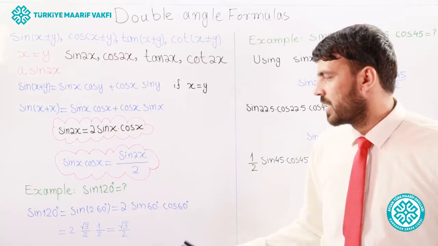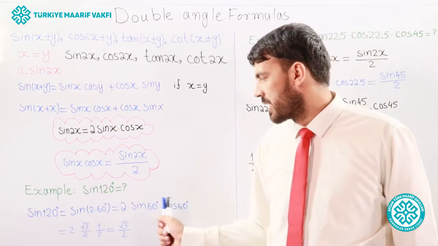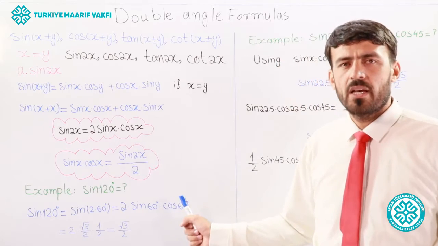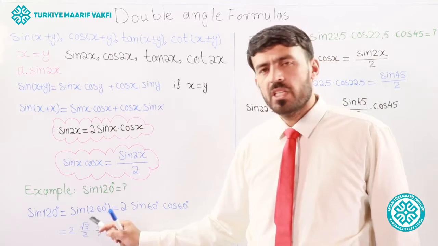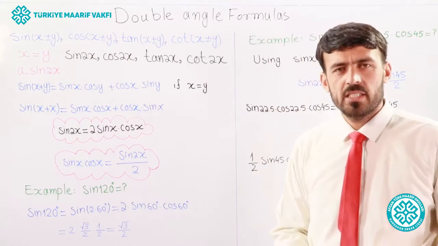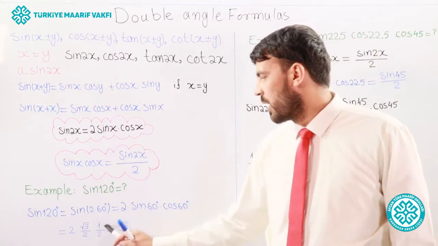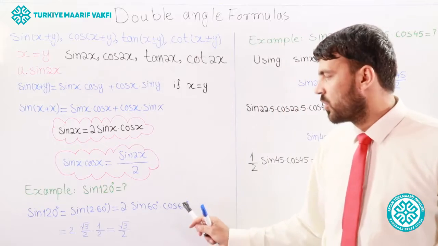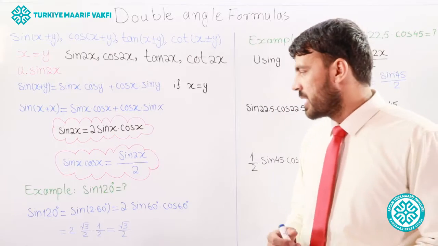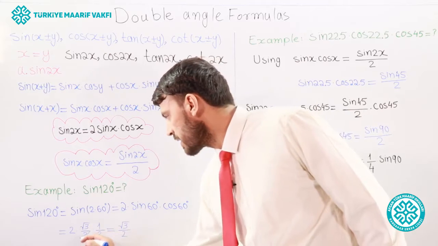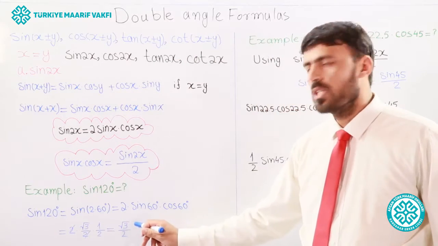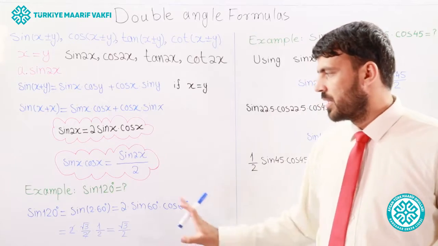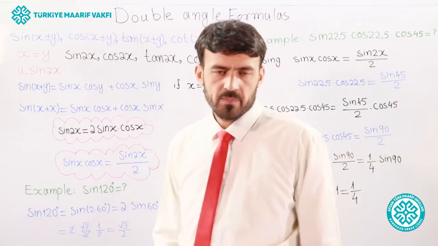We can write square root 3 over 2 instead of sine 60, and 1 over 2 instead of cosine 60. This 2 will be cancelled with this 2, and the answer will be square root 3 over 2. This was our first example.